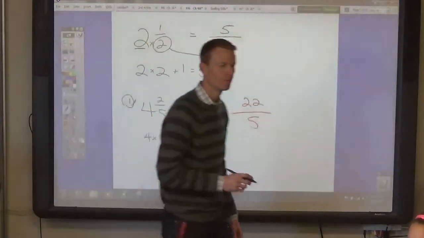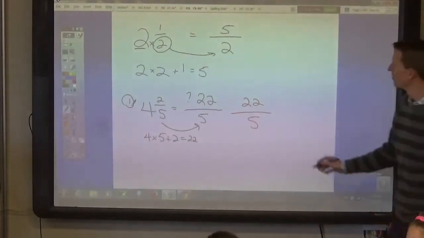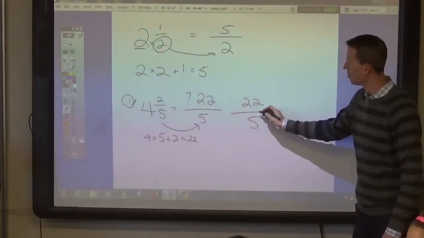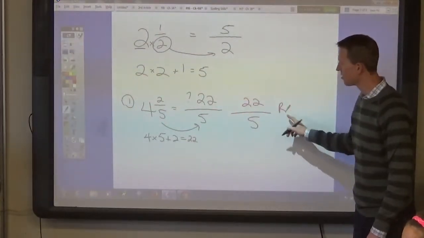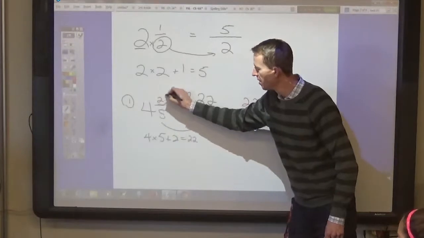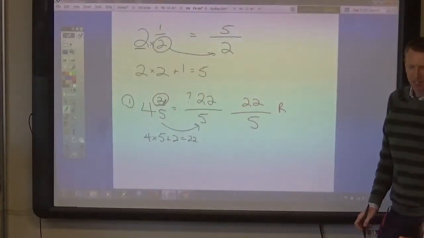Max? You would divide 22 by 5, and then find the remainder, because the remainder is going to be the leftover pieces. Okay?